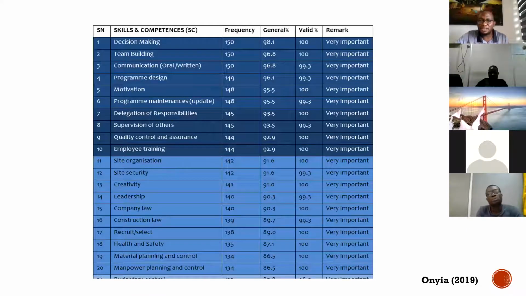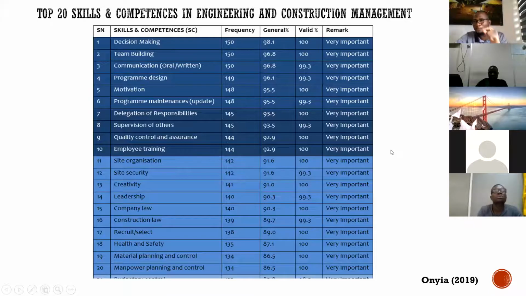So these are the top skills that we have identified. This research was done in 2016, but was published in 2019.